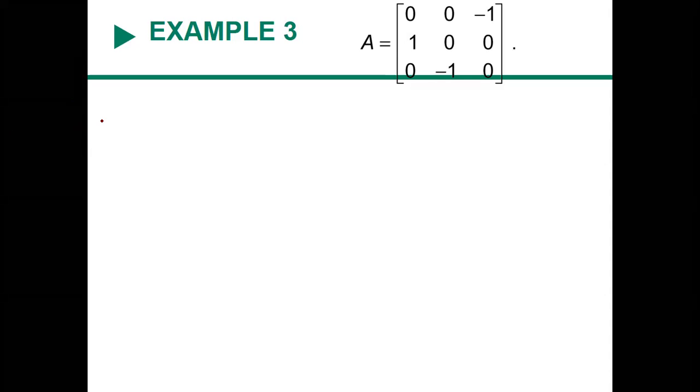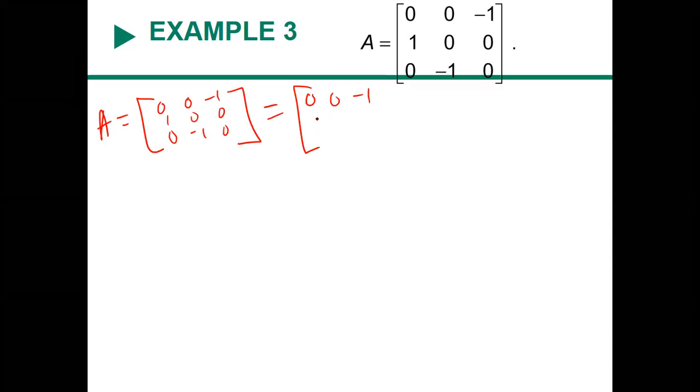so what we're going to create is we have A equals, and that's our 0, 1, 0, 0, 0, -1, -1, 0, 0. And that's going to equal 0, 0, -1, 1, 0, 0, 0, -1, 0.